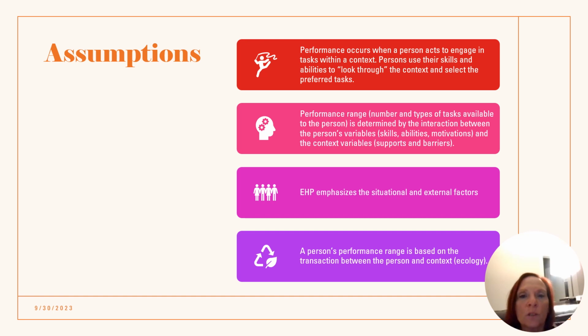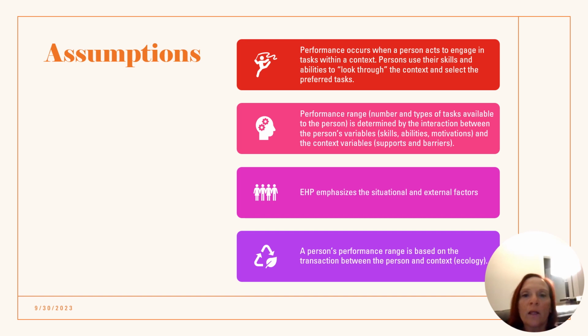Performance occurs when a person acts to engage in tasks within a context, and persons use their skills and abilities to look through the context and select the preferred tasks. So you'll see the model where the person is standing inside the circle, they're standing inside the context and they're looking out. And it's almost like that performance range is like a beam of light that they're looking out into.